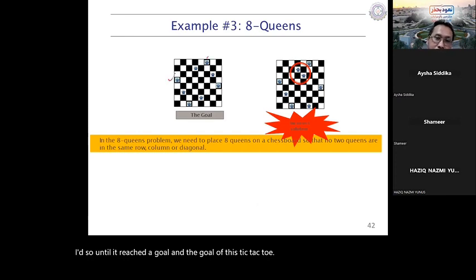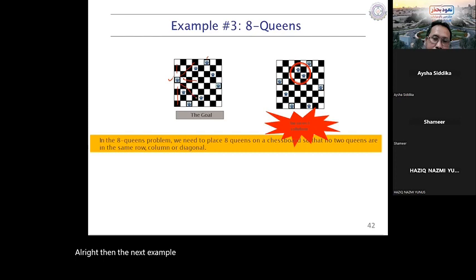So no 2 queens are in the same row, this is a row, or column, this is a column, or diagonal.